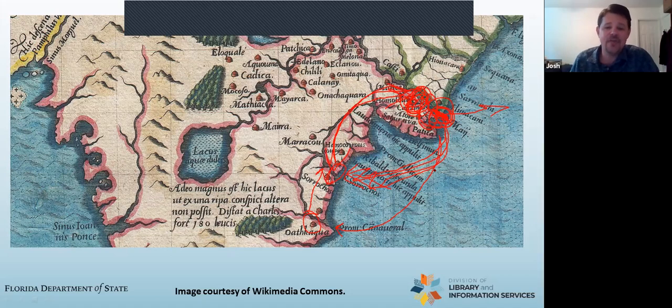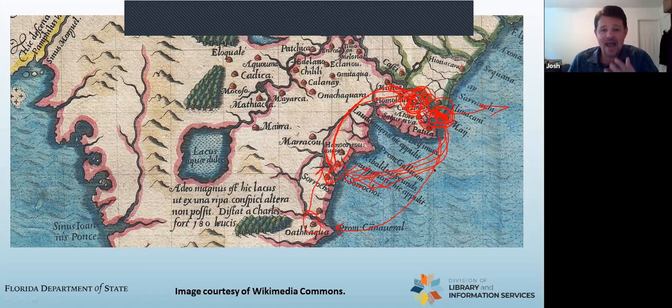So Menendez goes out and meets these guys. Their numbers were somewhat decimated, and the French have lost a lot of their supplies, a lot of their weapons, and so when Menendez confronts them, their only option is to really throw themselves on his mercy. And what ends up happening, to make a long story short, is Menendez spares a few of the Catholics, but everybody else, all the other soldiers, he essentially puts to the sword.